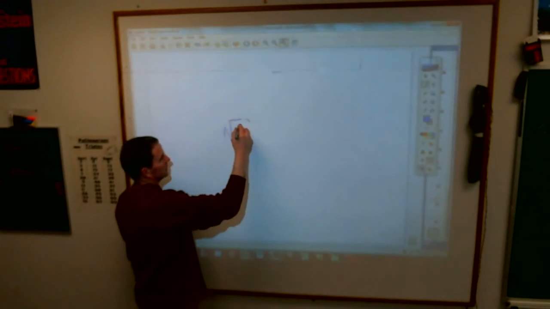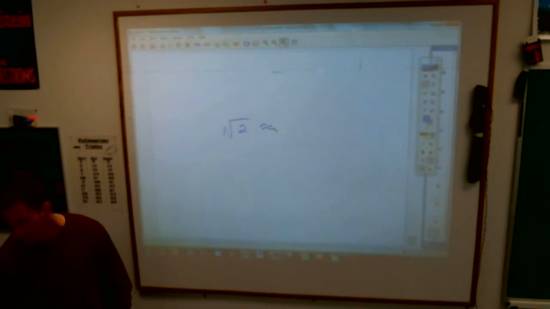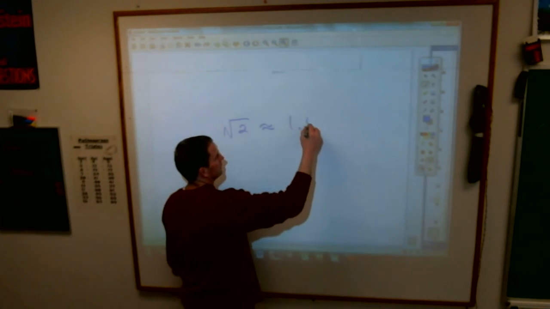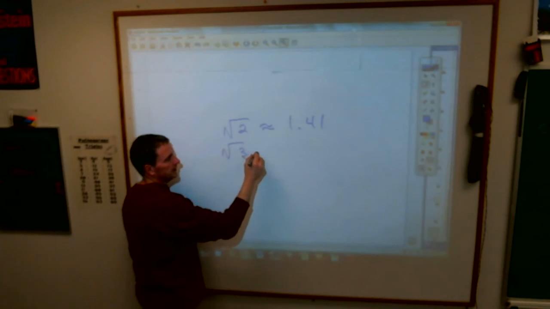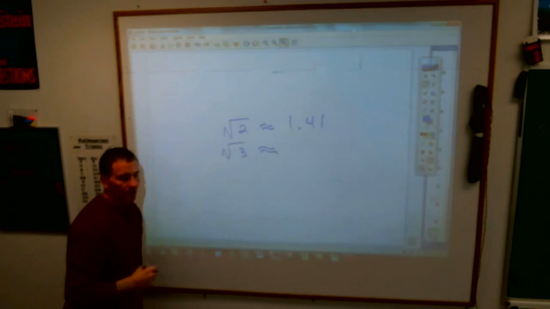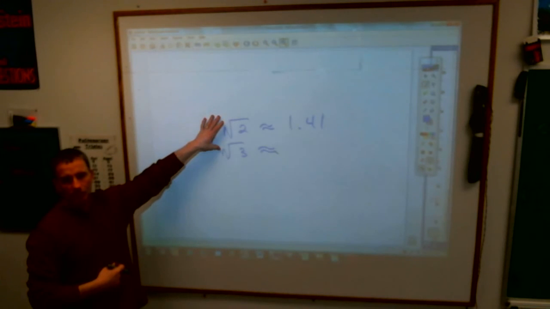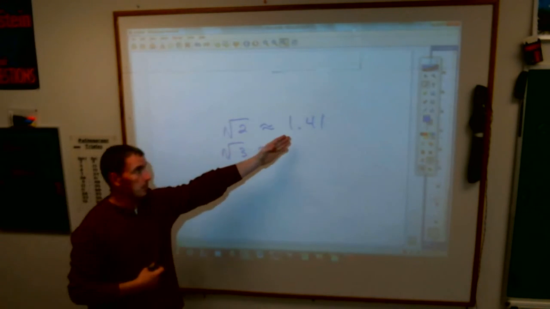The square root of 2 is approximately, the little squiggly equal sign, which isn't real, 1.41. The square root of 3 is approximately, remember, these are what we call irrational numbers because in the real world, they don't ever work out as decimals. Okay, this is just an approximation.